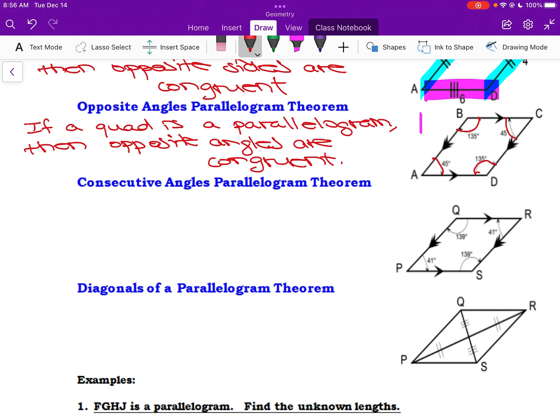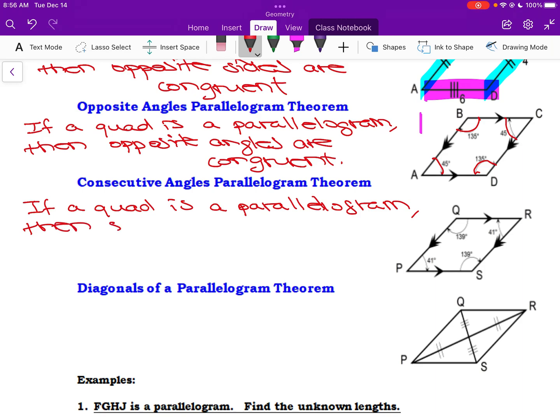Next we have the consecutive angles parallelogram theorem. And this says, once again, if a quadrilateral is a parallelogram, then consecutive angles are supplementary. So not congruent, which is a break from the pattern.